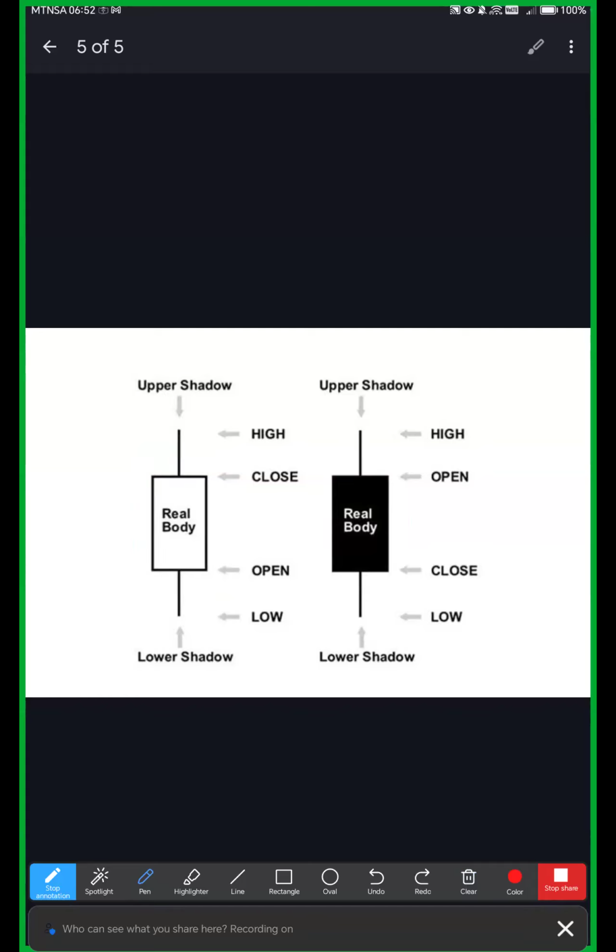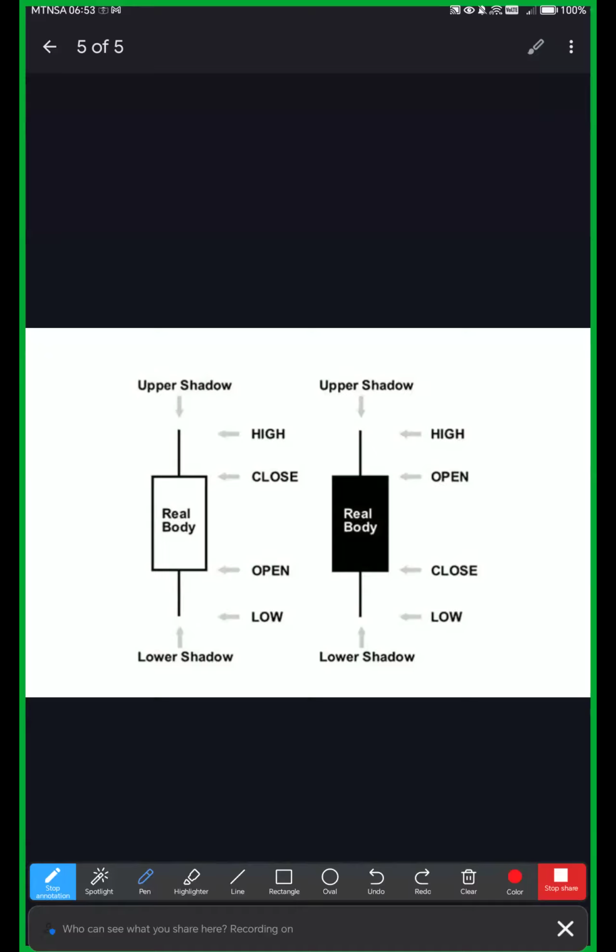So here we are trying to find out the candlestick anatomy, the parts of a candlestick. Come here with me. We are looking at a candlestick anatomy after understanding what a candlestick is.